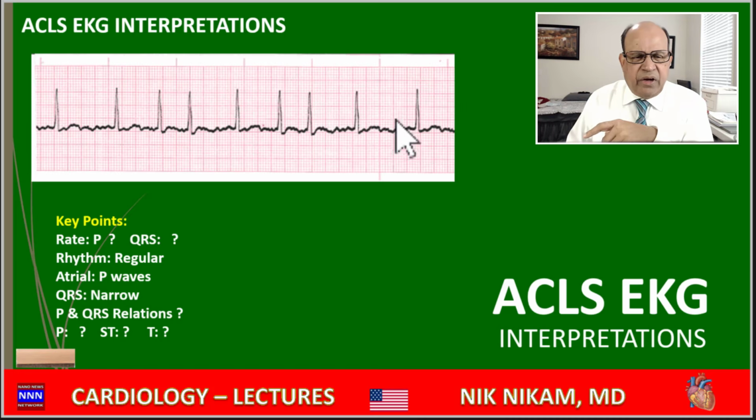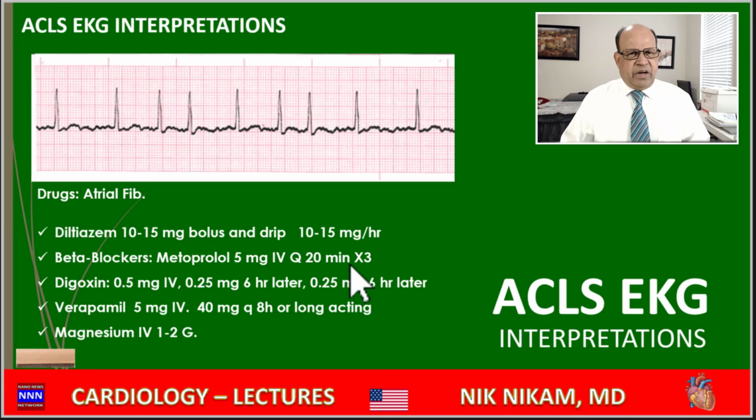Their treatment for atrial fibrillation will be controlling the ventricular response. That's number one. Number two, if this patient is not on anticoagulation, then we need to consider using anticoagulation for prevention of stroke.